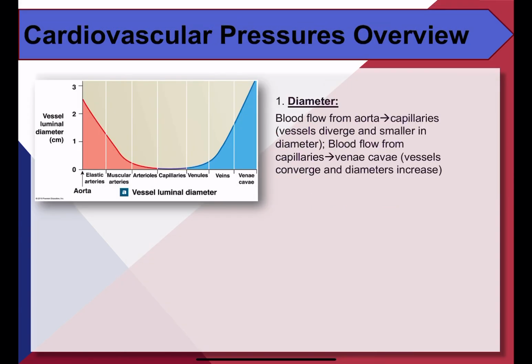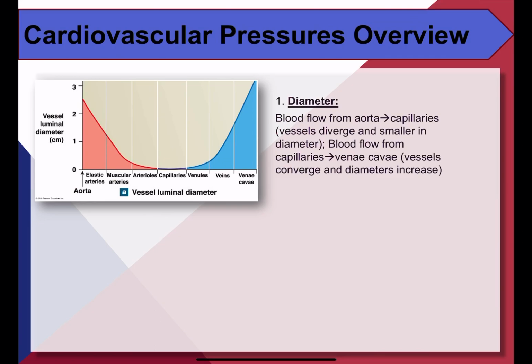So now we can compare some of these different values between arteries, capillaries, and veins. Now these graphs will be very helpful when we think about how blood is flowing in these different areas of the body.